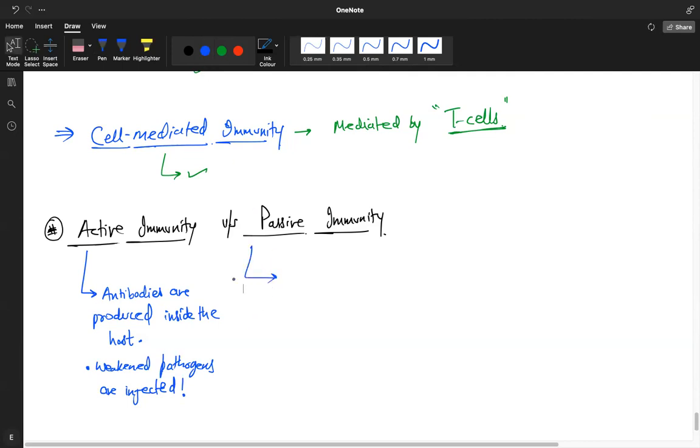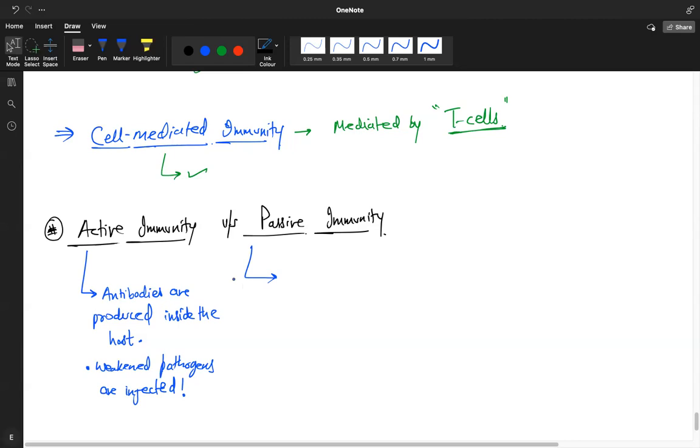Now, how is passive immunity different? What is passive? The word passive means not direct. Exactly, not being directly involved.